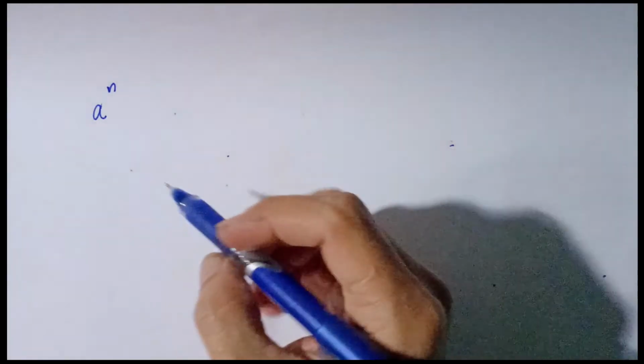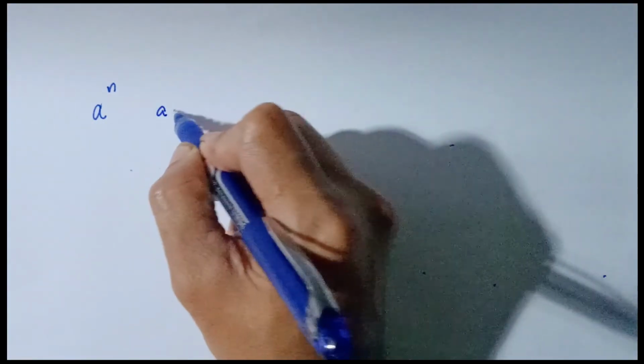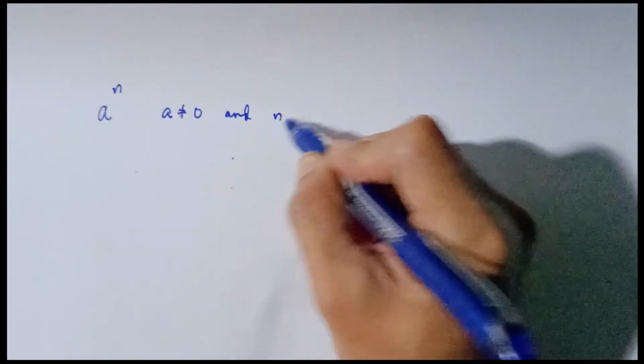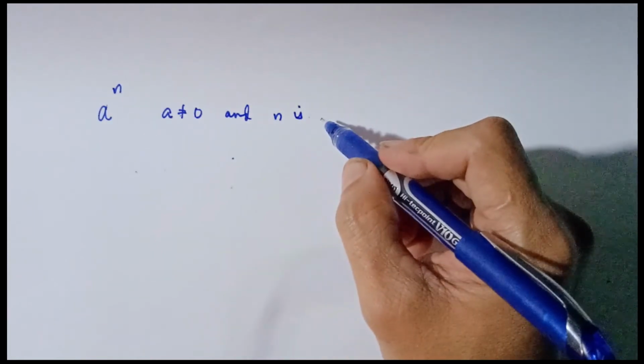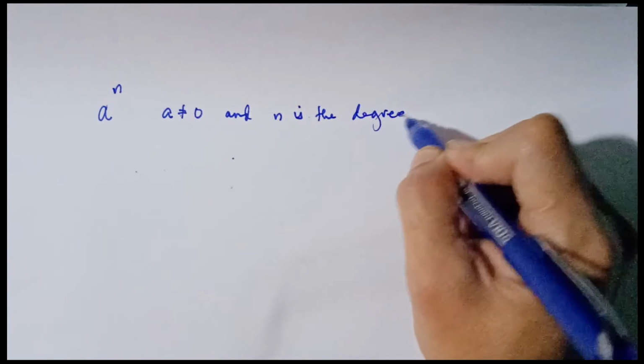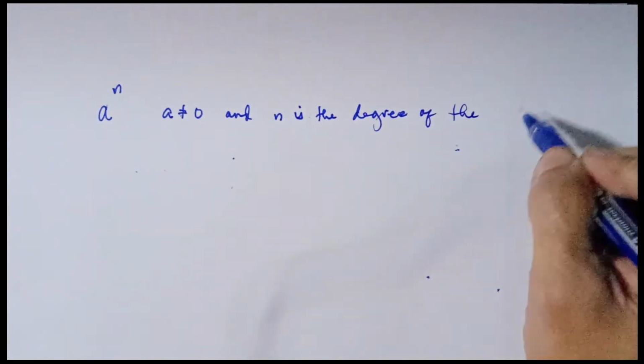So in general expression, a^n, where a is not equal to 0 and n is the degree of the expression.